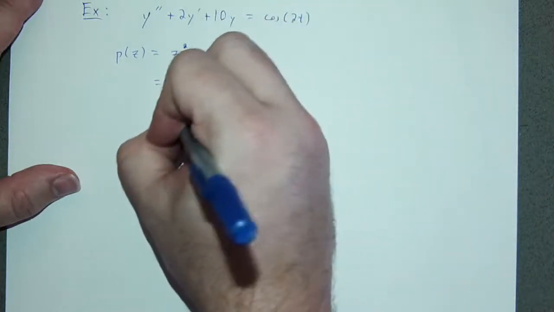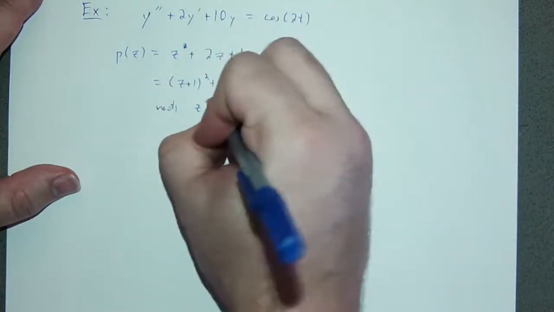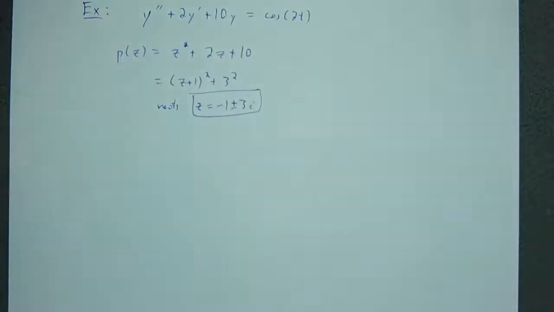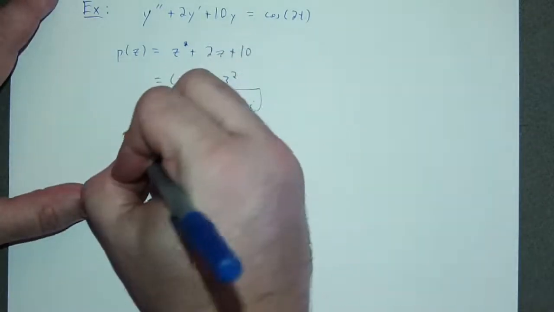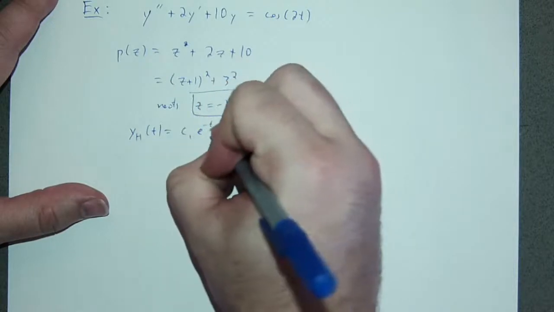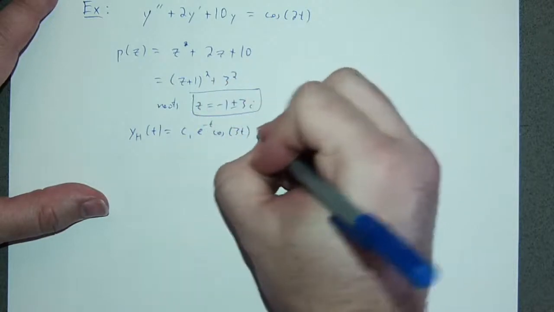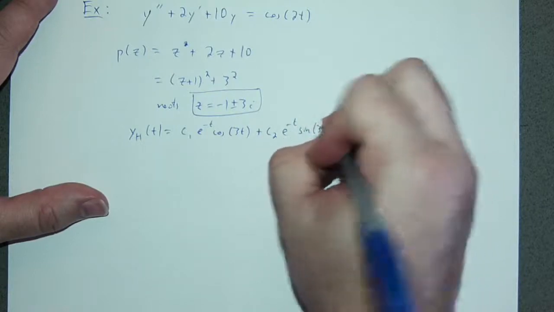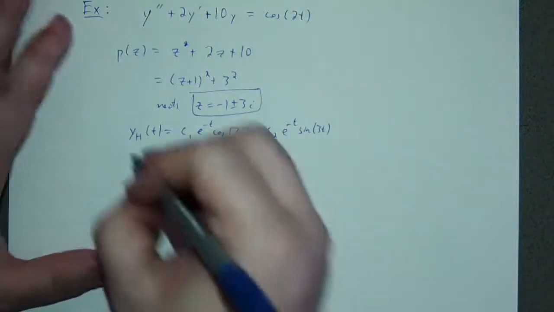So the roots, again, are minus 1 plus or minus 3i. Okay, so the homogeneous solution is c1 e to the minus t cosine of 3t plus c2 e to the minus t sine of 3t. All right, there it is.